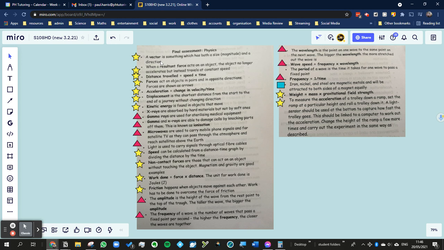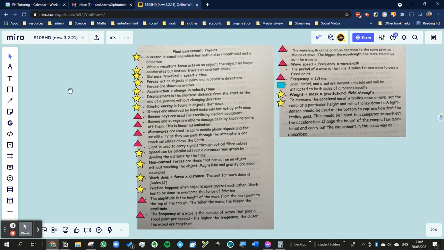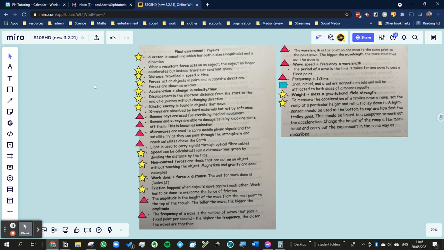Okay, so a vector is something which has both size, which is otherwise known as magnitude, and a direction. The other measurement is a scalar.